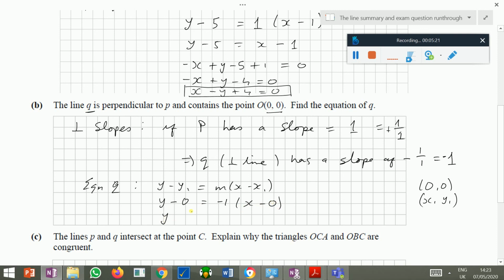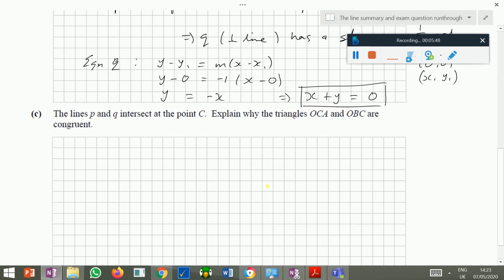And then you get y, ignore the 0, minus 1 times x is minus x, and minus 1 times minus 0 is 0. Then, since we want everything over to the left-hand side, the x becomes a plus, and there's nothing left on the right-hand side, so you just put in your 0. And that's the answer there.